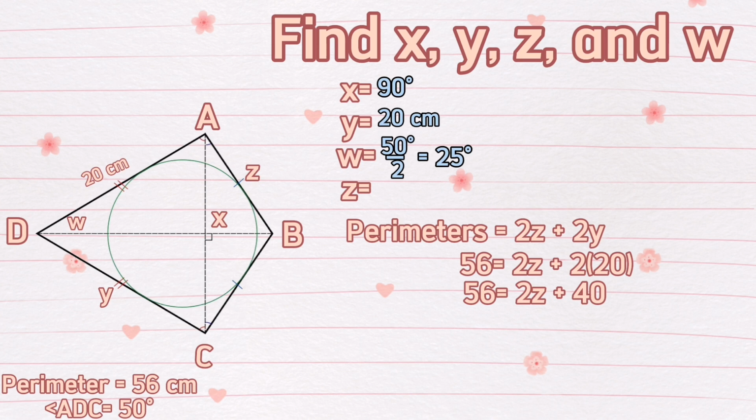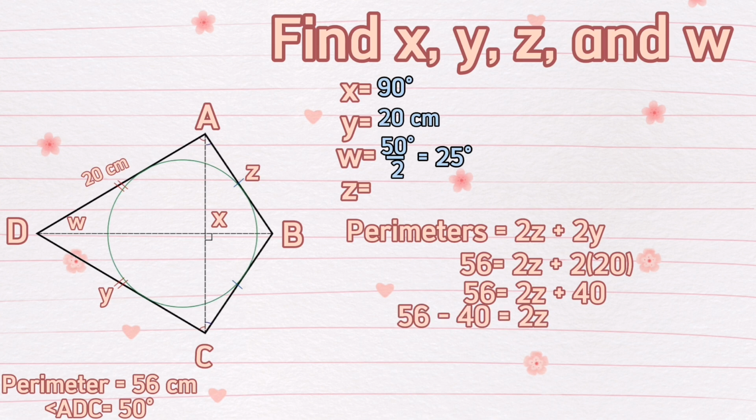So now let us explain. 56 is equal to 2z plus 2 times 20. So 2 times 20 is equal to 40. So 56 is equal to 2z plus 40, and as we move the 40 to the other side, it will be minus.